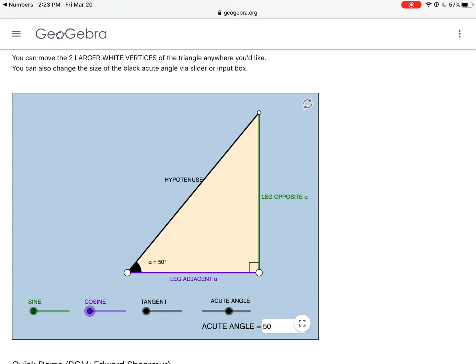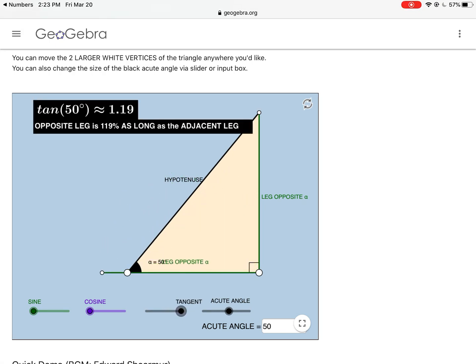Tangent's a measure of the opposite side length in comparison to the adjacent side length. Okay, so in a 50-degree angle within a right triangle, tangent of 50 degrees is 1.19, which means the length of the leg that's opposite that angle should be 119% as long as the adjacent leg's length.